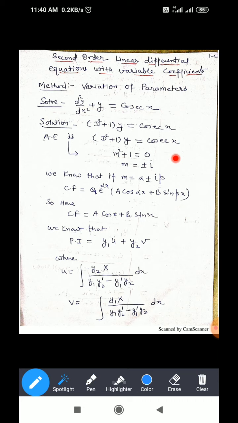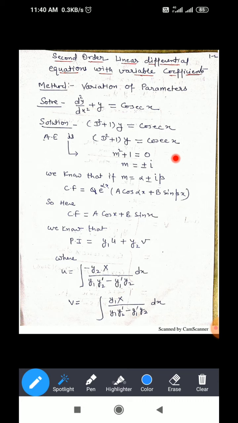When we find the roots of this auxiliary equation, m is equal to plus minus i. Here i represents iota, which is used in complex numbers.